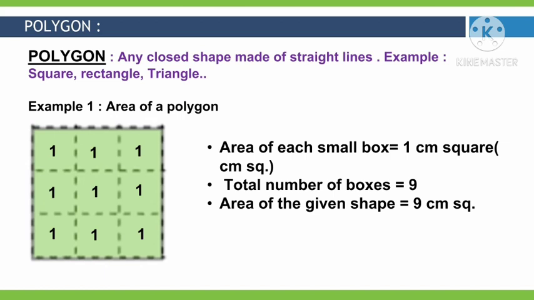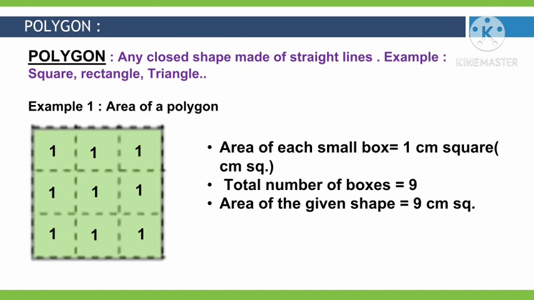Okay, now in the given shape, I have divided the whole shape into small squares in which each square has area 1 centimeter. So by dividing it into small squares, you can find the total area of the polygon by adding all the areas. So here area of each small box is 1 square centimeter.